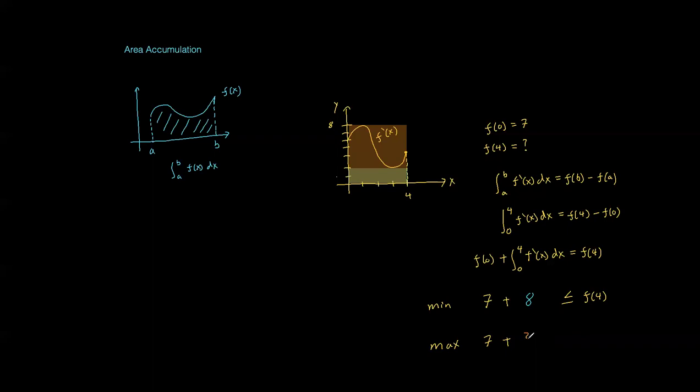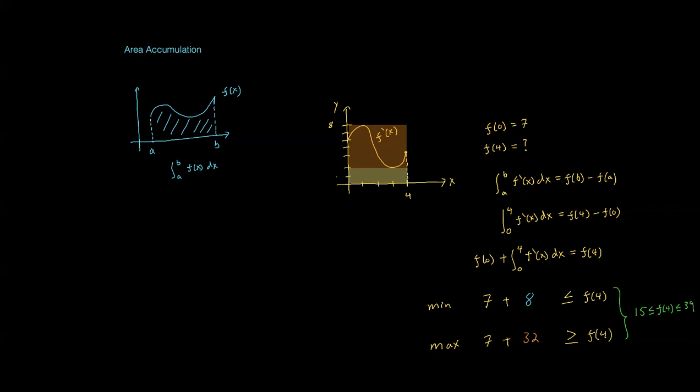I would say 7 plus 32, which is 39, is greater than or equal to f of 4. Some people might not find this too useful, but combining these two statements, I can at the very least tell you that f of 4 should be greater than or equal to 15 and less than or equal to 39.